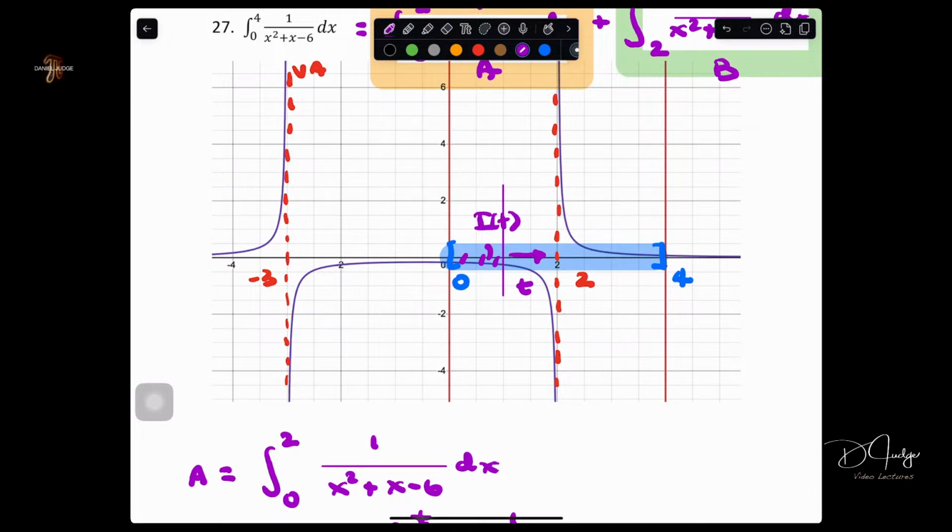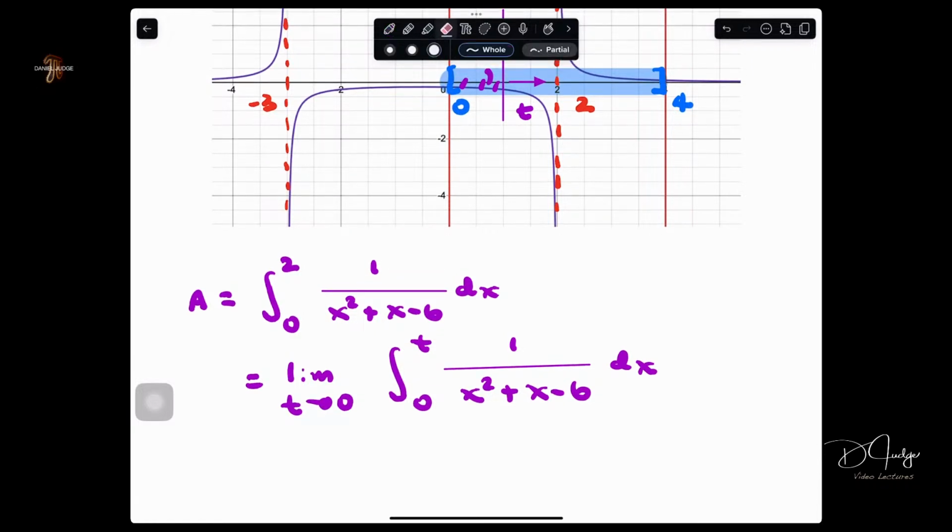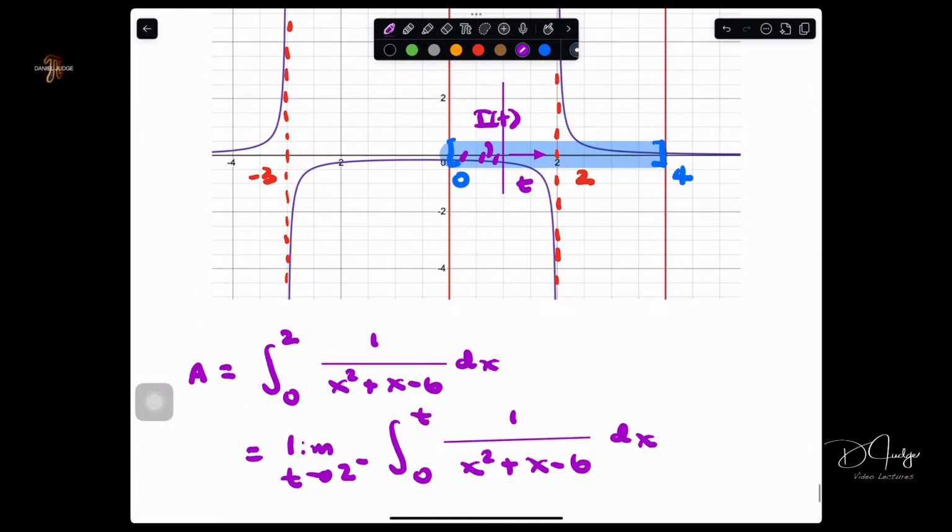And once we find I of t, we take that limit as t goes to 2 from the left. So we made a mistake there, so we're going to fix that. T goes to 2 from the left. This is where we have our discontinuity, right? So we're going to let that be the t.